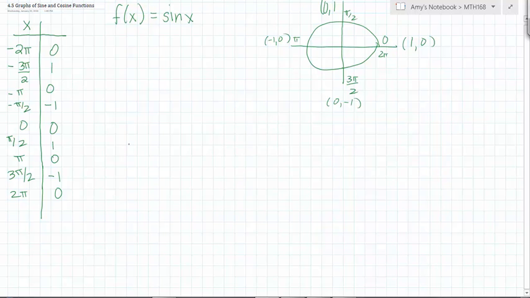So if we graph this function here, we're going to actually count up 4 units and call that our positive 1, and down 4 units we're going to call that our negative 1. Negative pi over 2, I'm going to label.